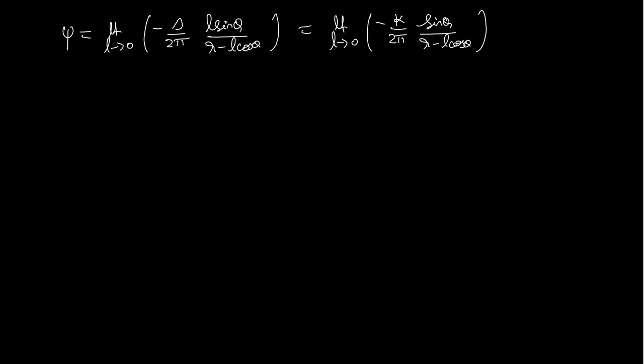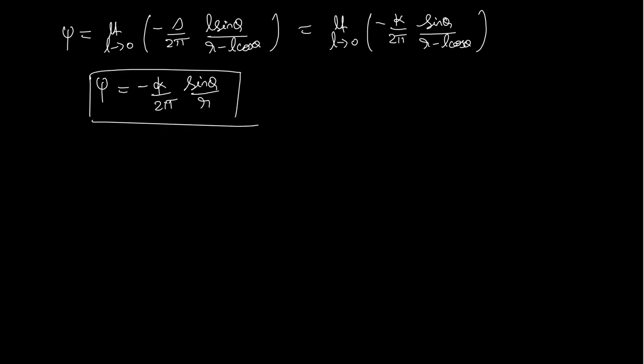And if I tend L to 0 here, I'll get my psi to be negative kappa by 2 pi times sin theta by R. This is direct limit. So this is my stream function for a doublet flow.